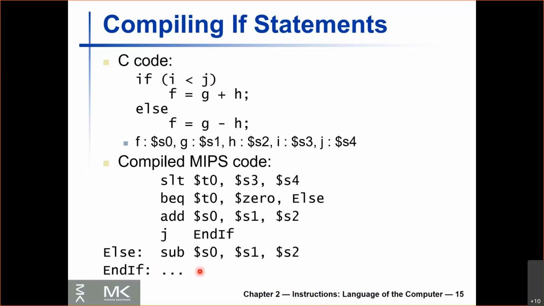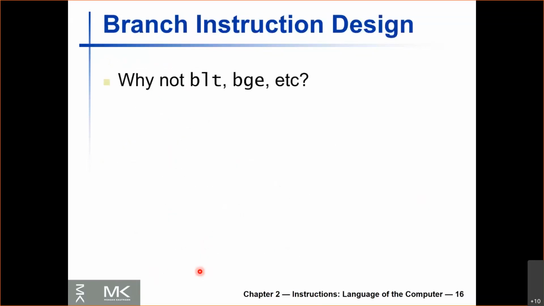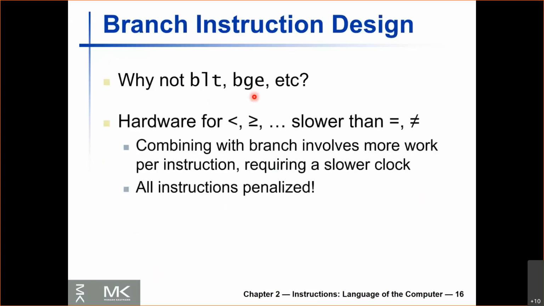Having seen this, one observation is, why did we do branch on equal and branch not equal only, and use set on less than? Why don't we just have a branch on less than or a branch on greater than or equal to? It turns out that the hardware for doing less than or greater than or equal to is actually slower than doing equal or not equal.